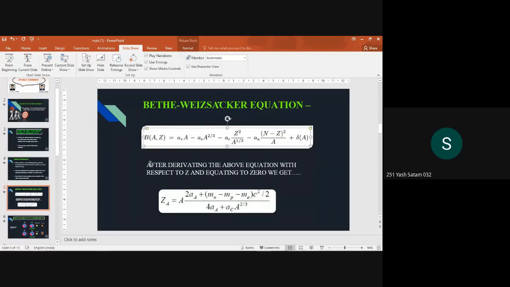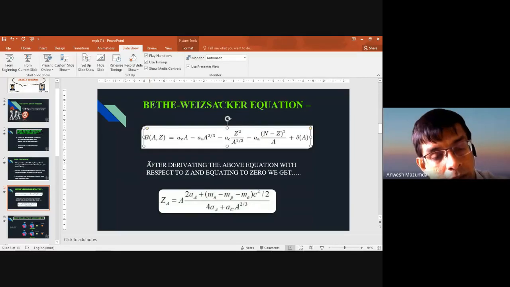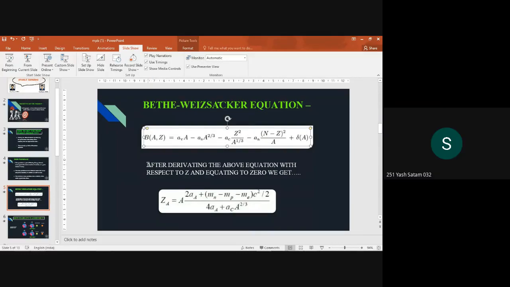And to check if that mass parabola is correct, we also did it theoretically by this Bethe-Weizsäcker equation. You mean you calculated the binding energy from this equation? No, we don't calculate the binding energy, but we use one of its applications. It also gave us the atomic number. We calculated the atomic number value from the second equation for Z, and we can see if the Z matches the corresponding Z in the mass parabola.